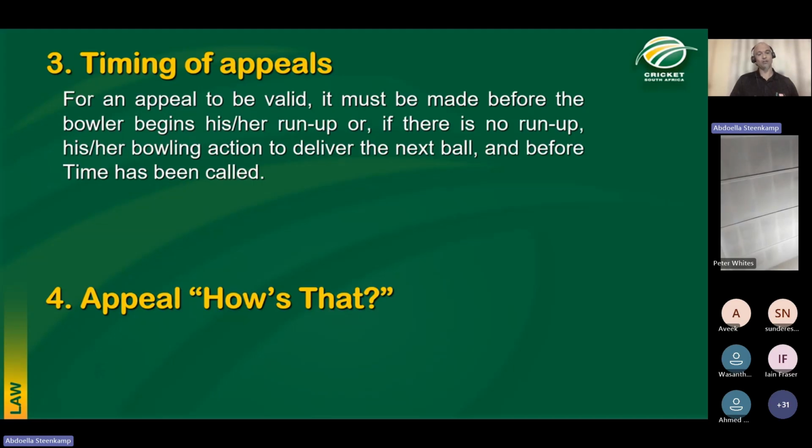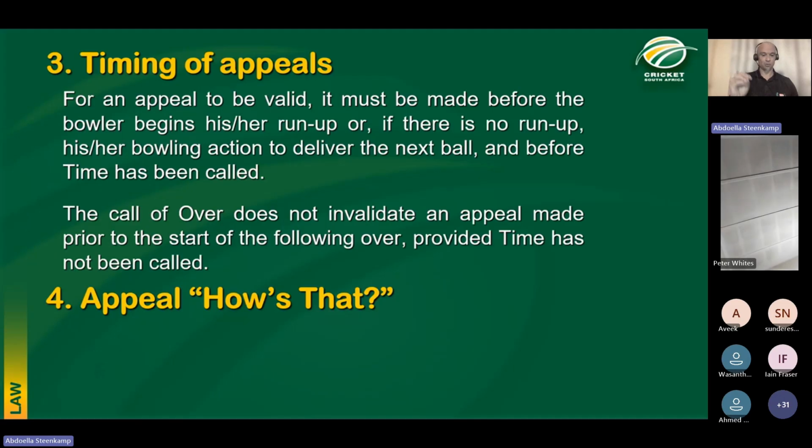So there's quite a long time period where that appeal is still valid. Also, the call of over doesn't even invalidate an appeal. As long as the bowler that's bowling the next over didn't start that over, didn't take that first step, that appeal is still valid.